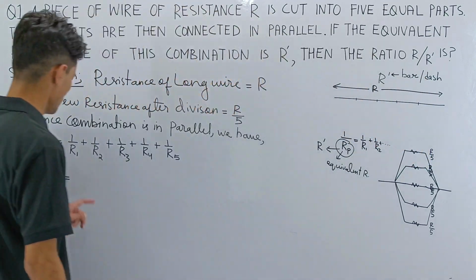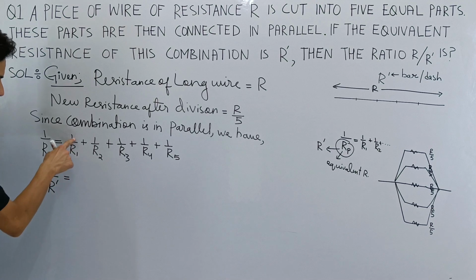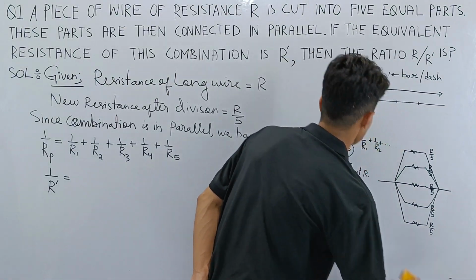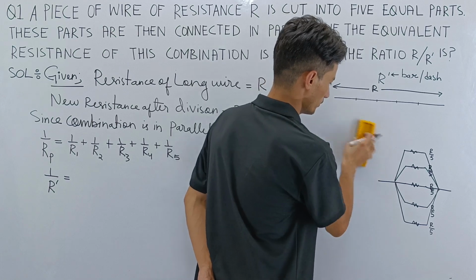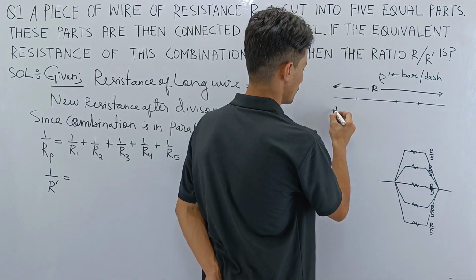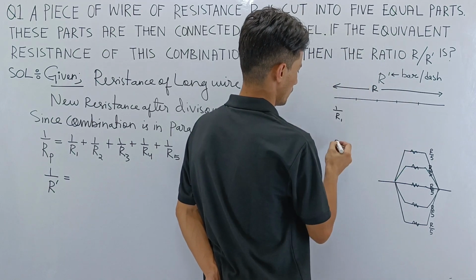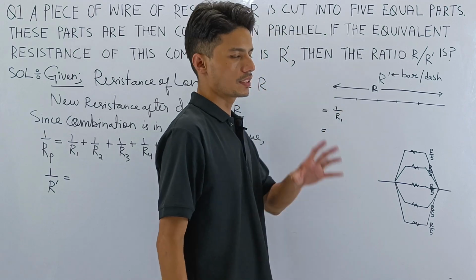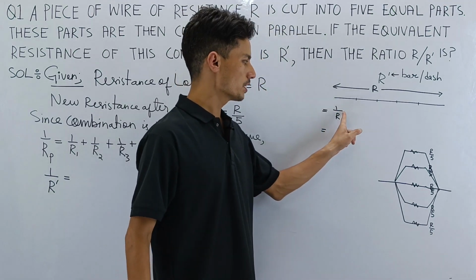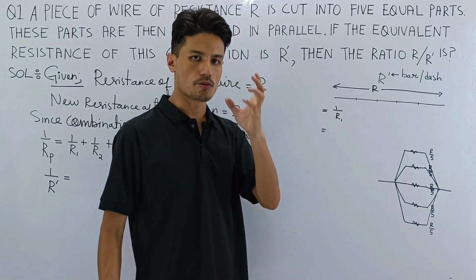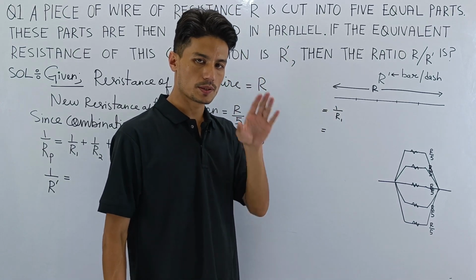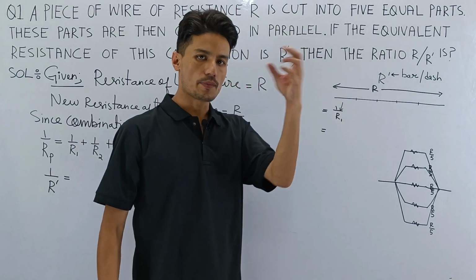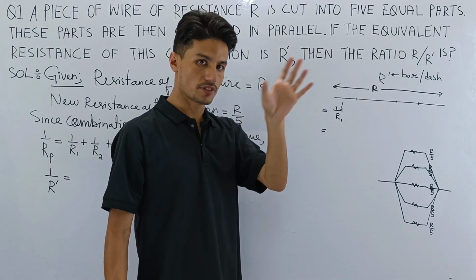Let me erase this one now. So you have 1 by R1. Now this is the main division. Whenever we are dealing with a double fraction, remember the main division, which comes from the formula. I repeat, remember the main division, which comes from the formula, not the value.